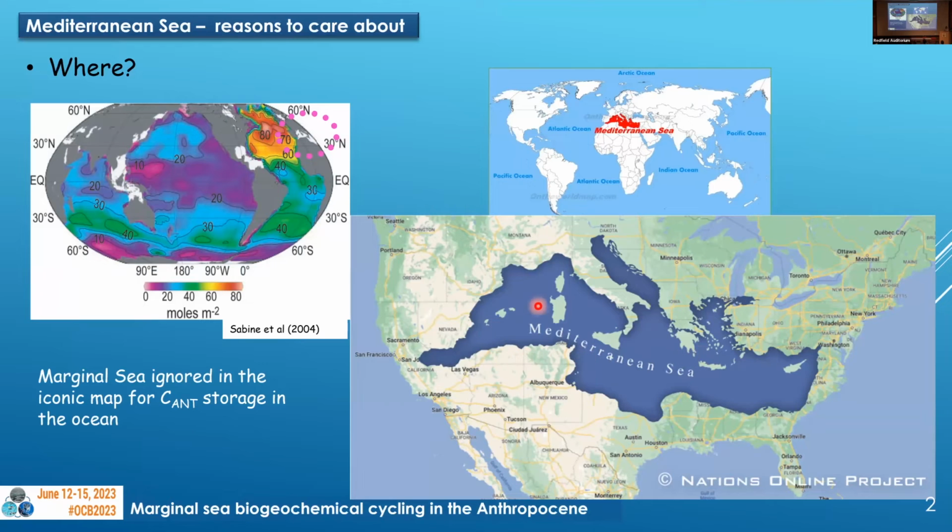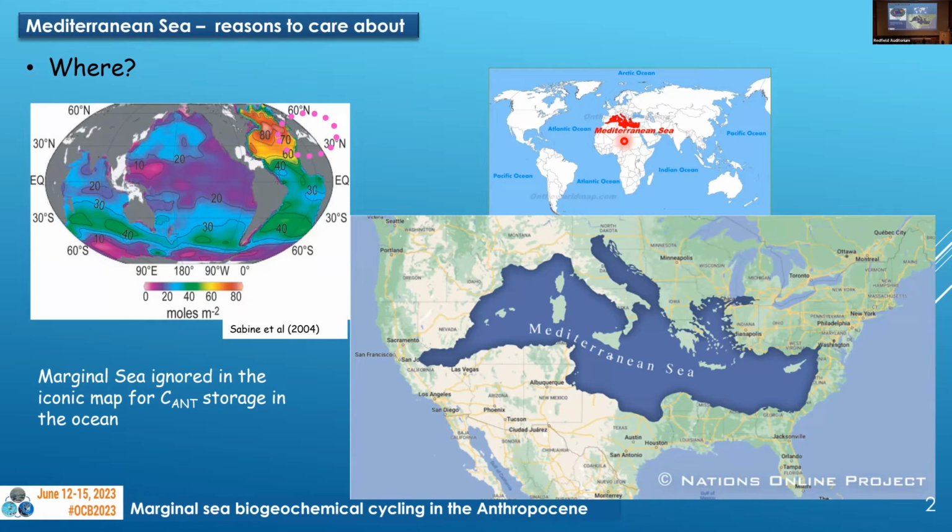Okay, so you know that the Mediterranean Sea is this semi-closed sea between Europe and Africa. I think it deserves some attention, not only because it holds 2.5 million kilometers and around 3% of the world ocean, but also it fits in the geography of the states.